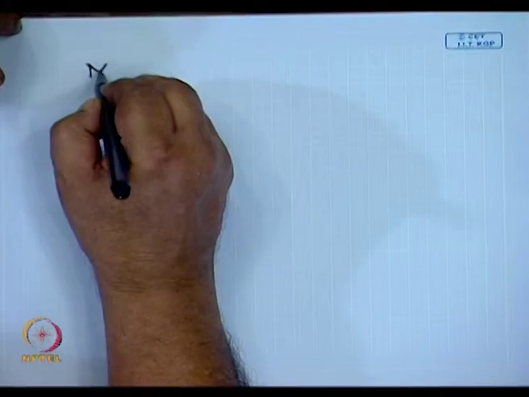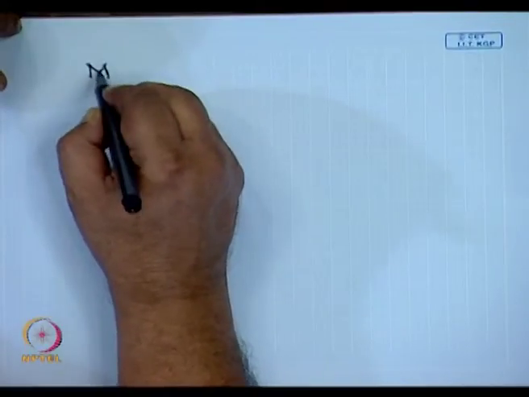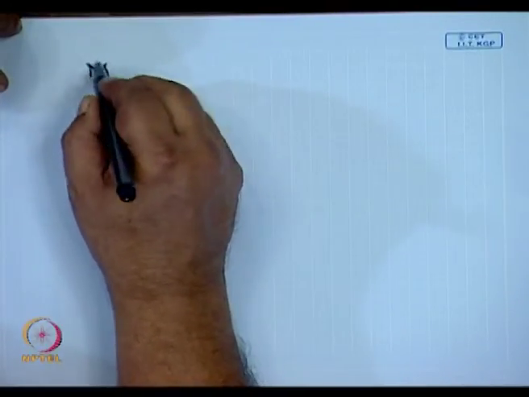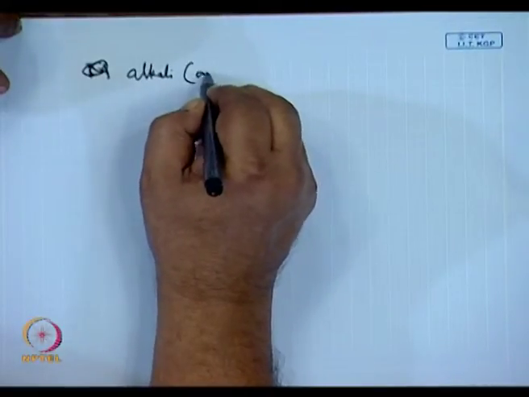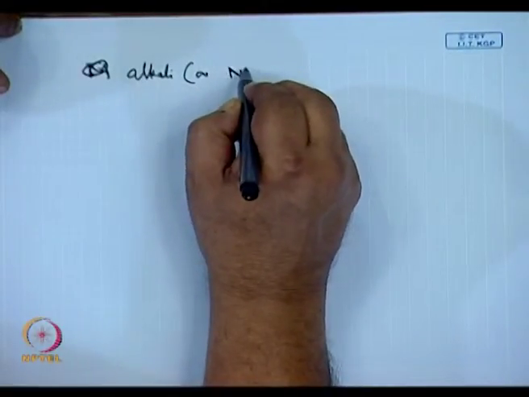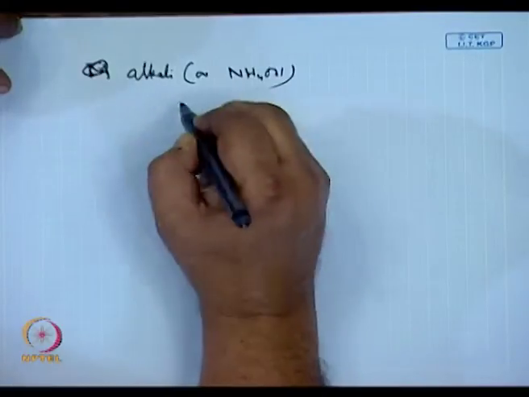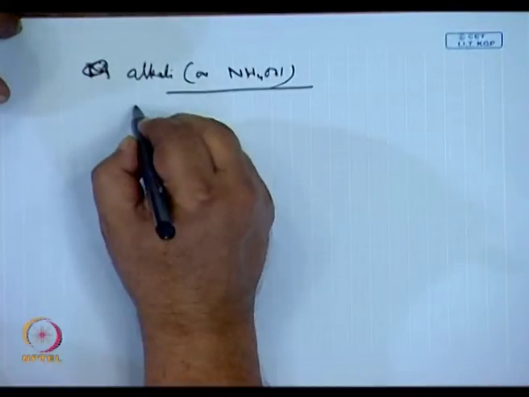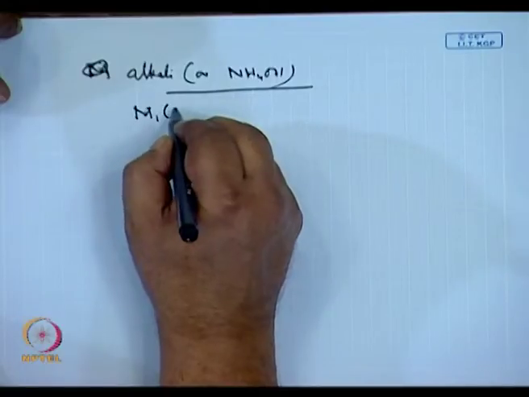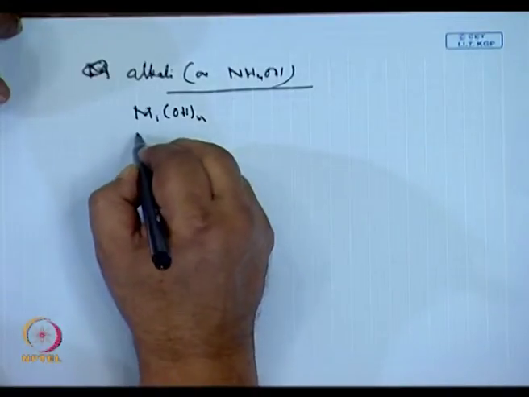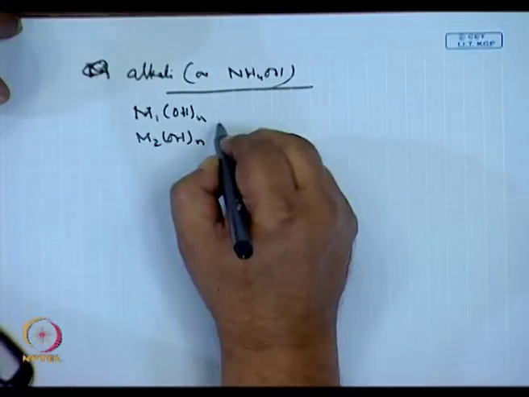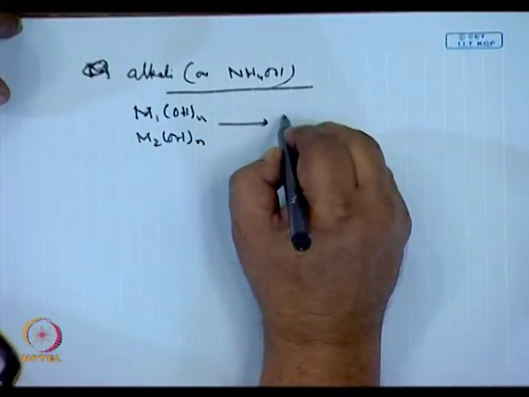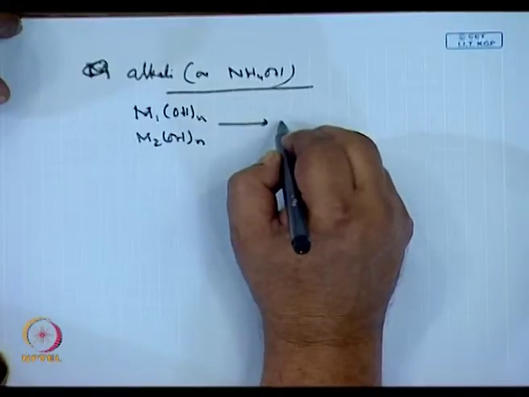And the reason is simply this, that when alkali or NH4OH is added, and we get M1 OHN and M2 OHN, they have a solubility product.